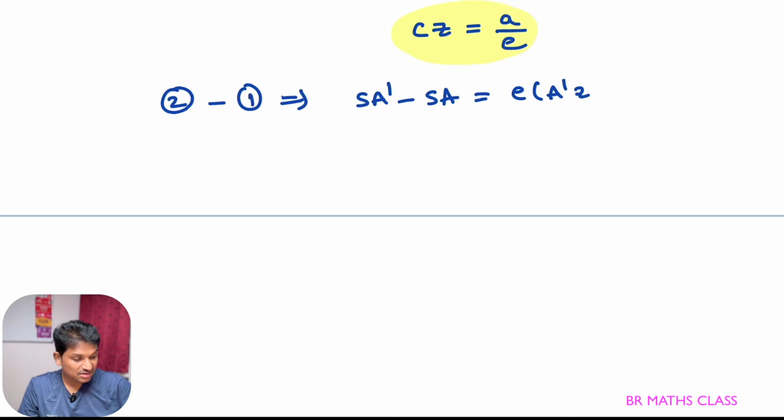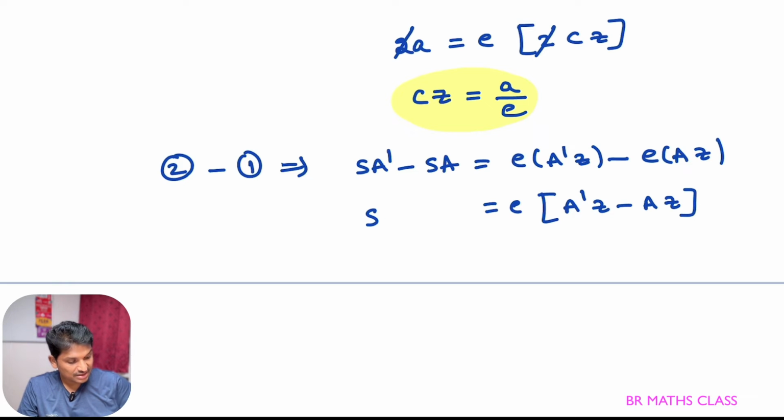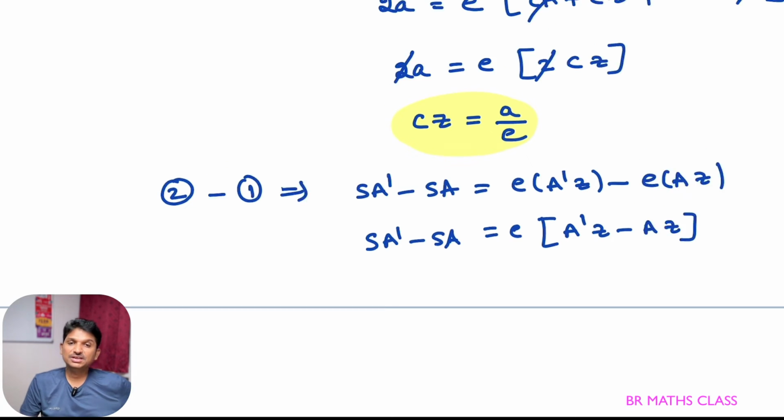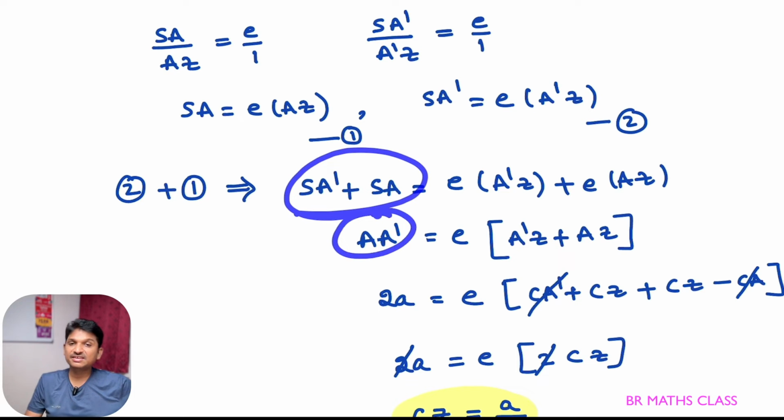E A'Z minus E AZ. Now take E common, what you will get? A'Z minus AZ. SA' minus SA. One point to observe: on the left hand side, SA' plus SA was AA'.